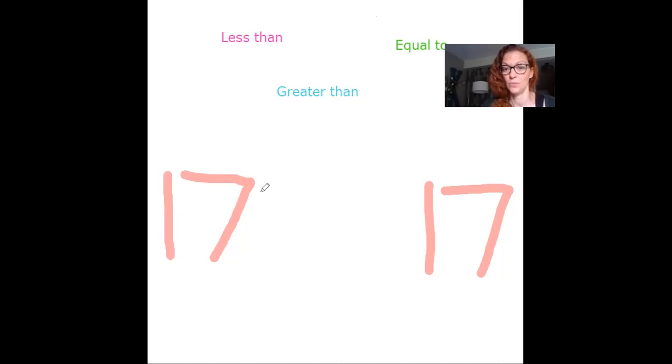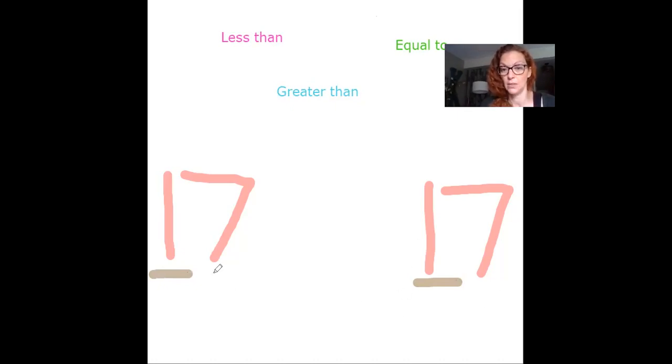You're right. We start with the tens. We have a 1 and a 1. Which one's bigger? Which one's smaller? They're the same. You're right. Nice work. Okay, so now if the tens are the same, our eyes need to look to the ones.